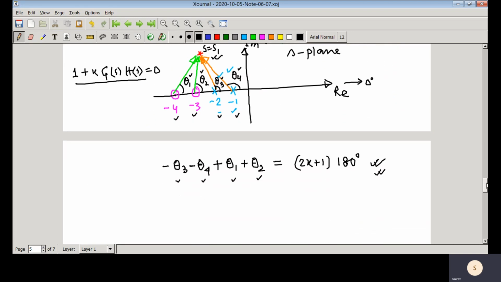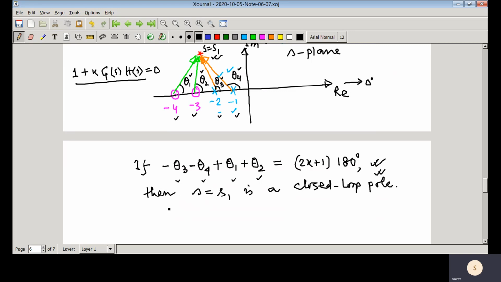So now suppose this phase condition is satisfied. Then we can write that if this condition is satisfied, S equal to S1 is a closed loop pole.